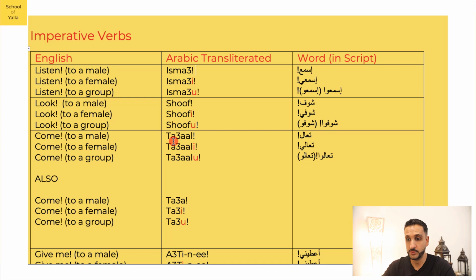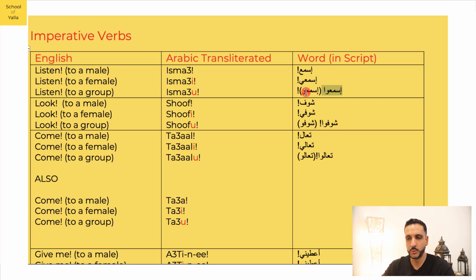Ta'ali, ta'alu. Now, if you're looking at the Arabic script, some of you might be asking about this. This is just the silent alif. This is actually the correct spelling, but we have this rule in Arabic to add the alif to differentiate this from words that have the waw as part of the word. These 2 are called waw al-jama'a and alif tafriq. More on this later, don't dwell on this too much. If you have studied this, I just wanted to point out that yes, this is the correct spelling.